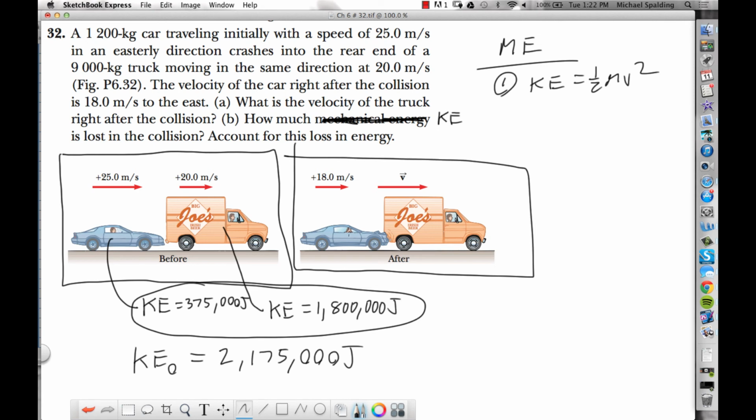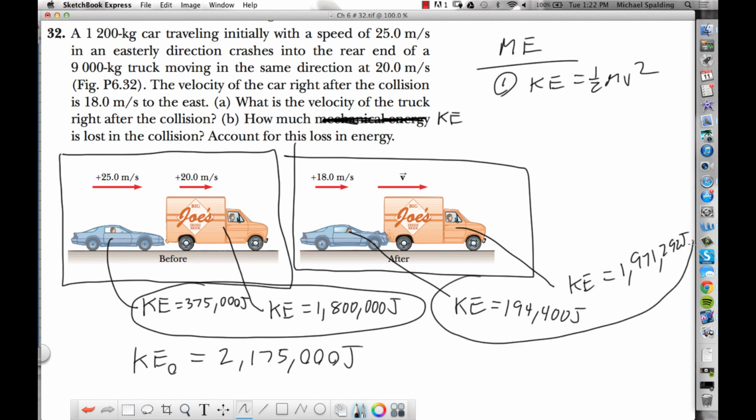All right, so then you go to the final. After the collision, the car has kinetic energy and the truck has kinetic energy. So do 1/2 mv squared. The car has 194,400 joules, and the truck has 1,971,292 joules. Adding those together, the total final kinetic energy is 2,165,692 joules.